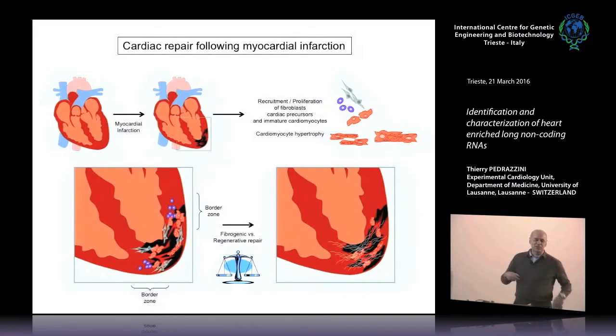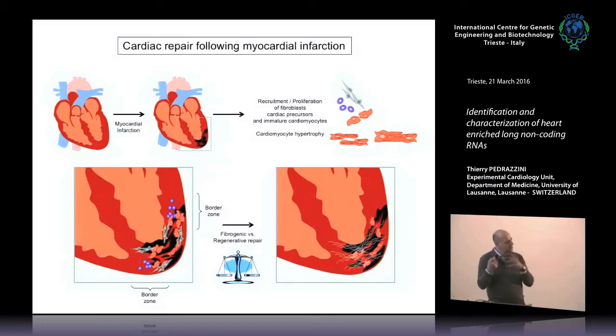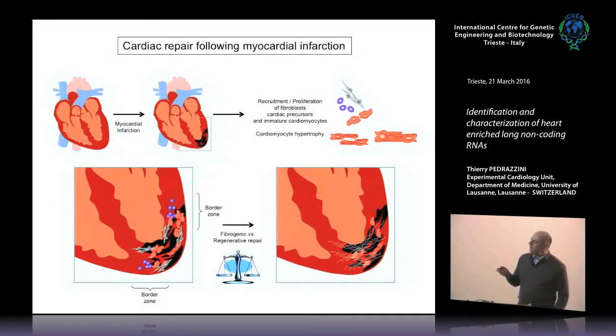The fibroblasts mostly proliferate. The cardiomyocytes adapt via hypertrophy. They don't proliferate. And then you have some cells that are not completely defined, cardiac precursors and immature cardiomyocytes that can still provide a source for generating a new tissue, a new muscle, I would say.